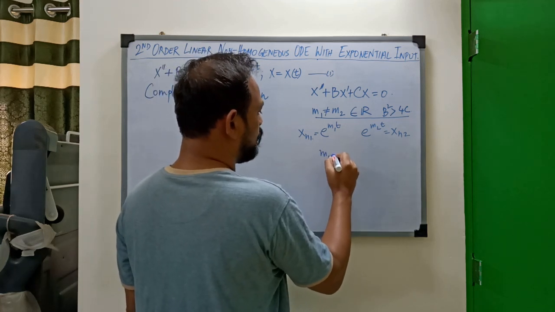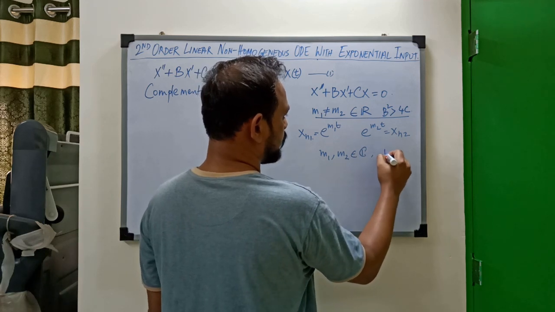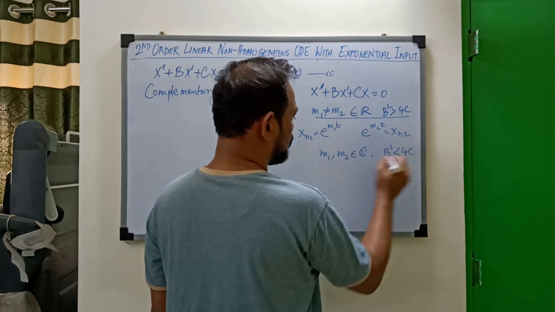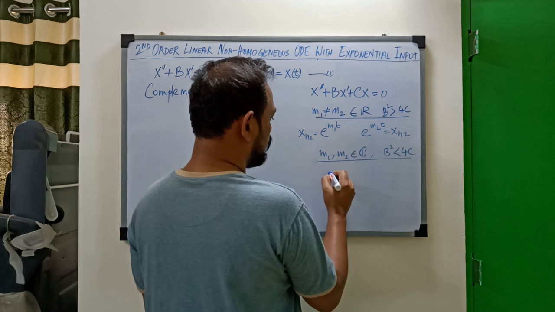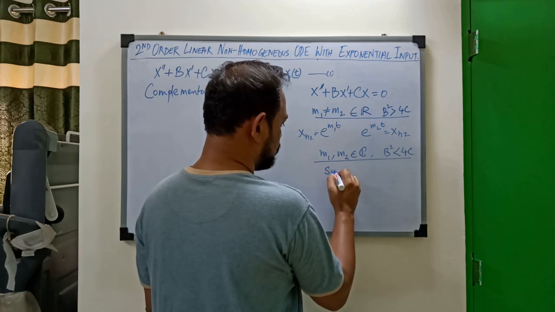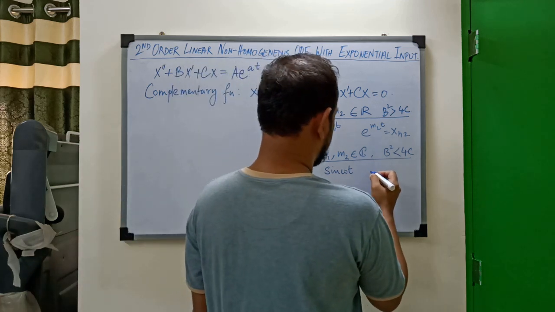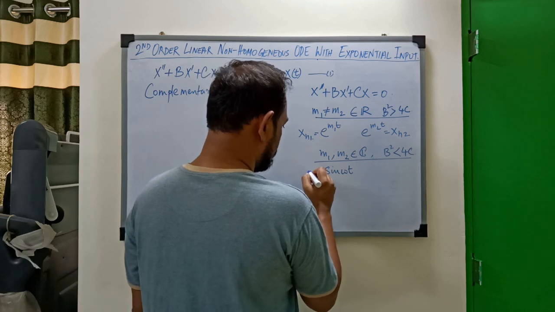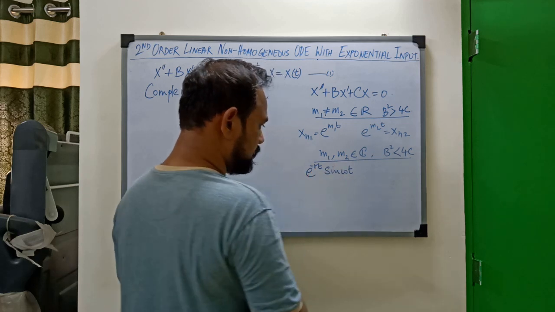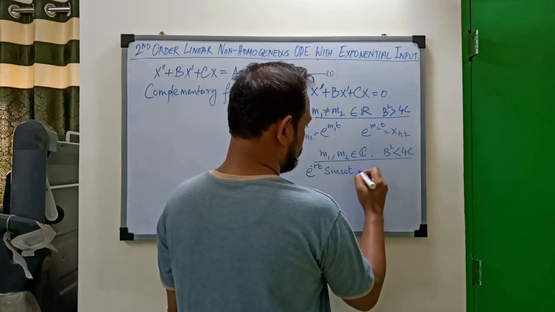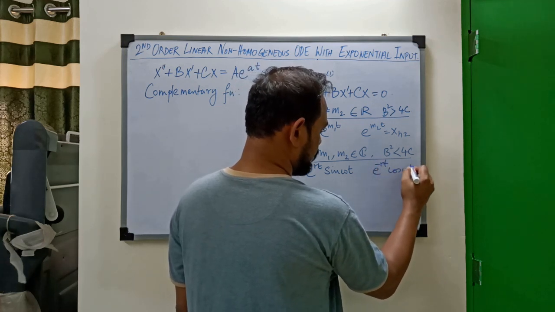In the case that m1 and m2 were complex numbers, which is the case that b square was less than 4c, the 2 solutions for this homogeneous equation were e to the power minus rt sine omega t, well, there was a decay term, e to the power minus rt, and the other one was e to the power minus rt cosine omega t.